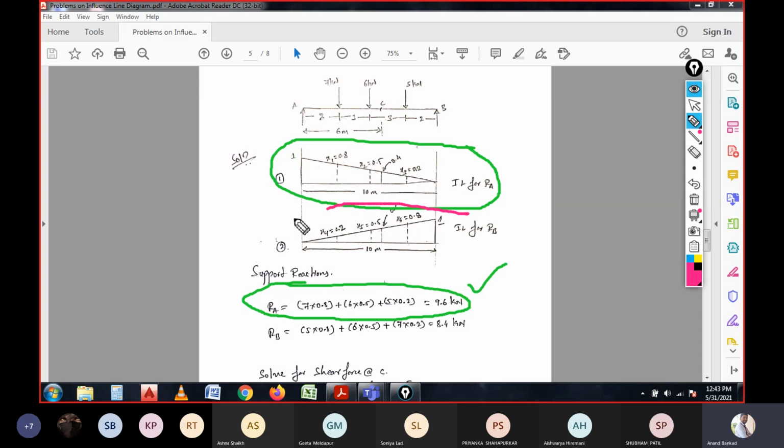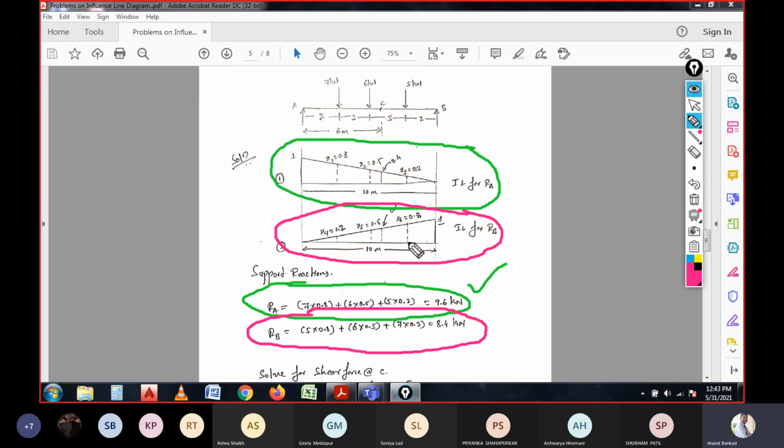Again, if you consider the second diagram, which is shown in the color code over here, right? If you observe the pink color code, here we need to calculate the support reaction at B. So for the support reaction at B, that is 5 kilonewton having the coefficient value of 0.8, which is written 5 into 0.8 plus 6 into 0.5, and again 7 into 0.2, where the coefficient value is multiplied.